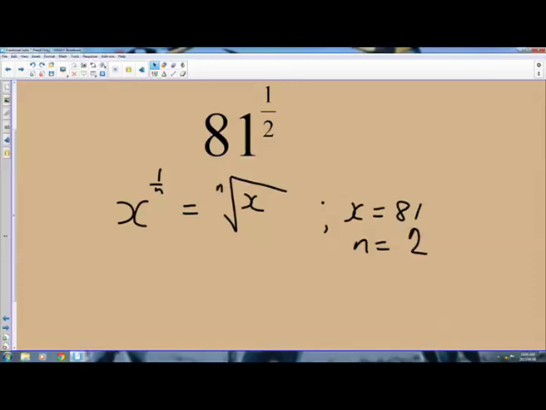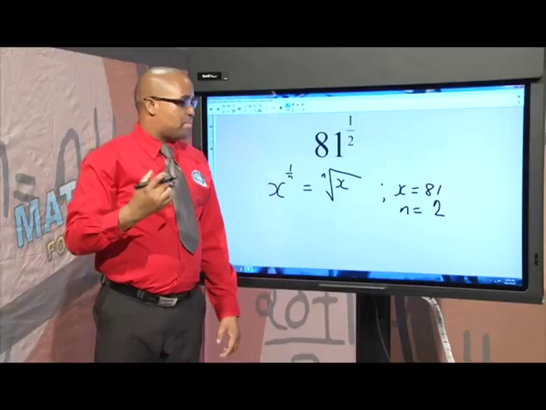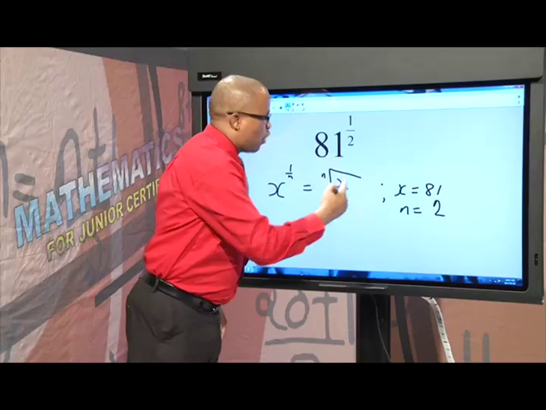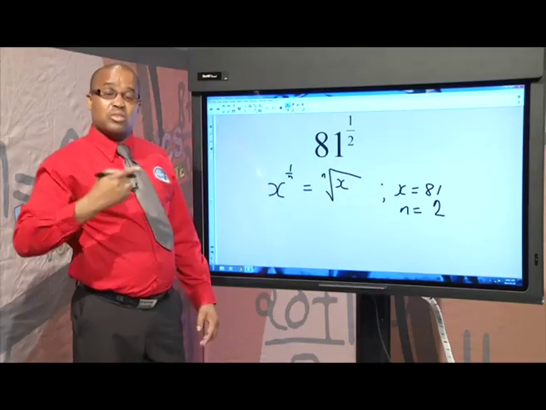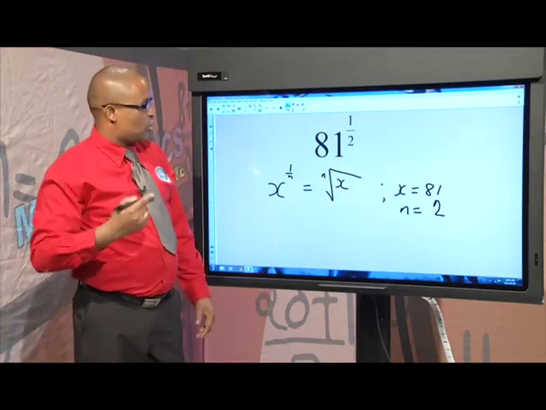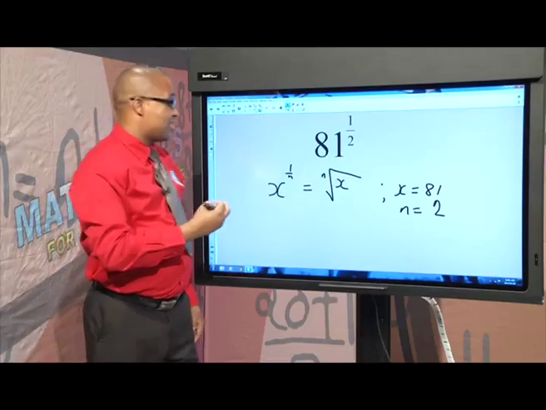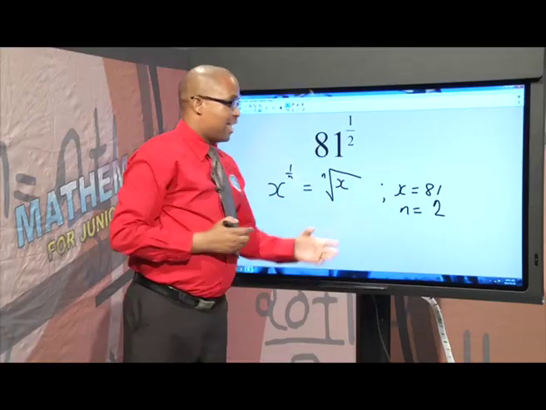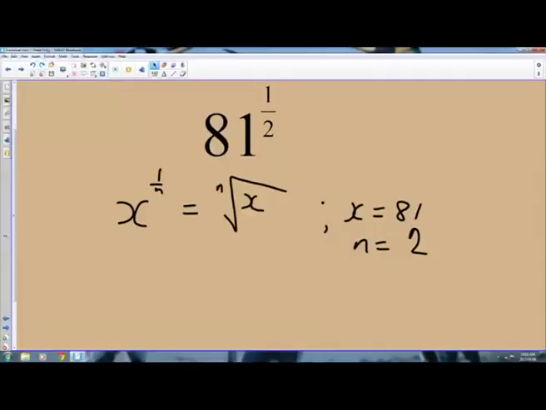So how are we going to evaluate this? This simply says we are to find the square root of 81. When it's a 2, we say it's a square root. When it's a 3, the cube root. But because we are still concentrating on a situation where we are saying evaluate 81 to the power half, let us simplify this first.